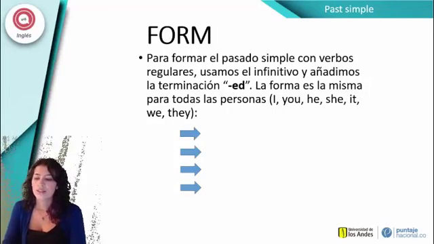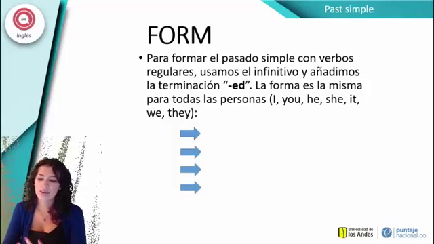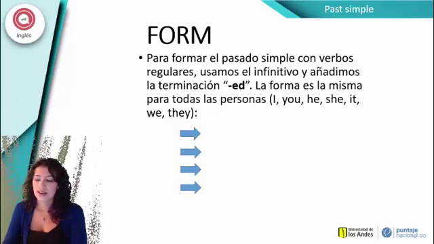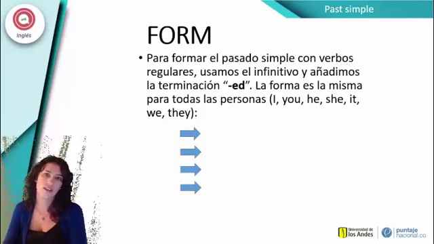Okay. So now we have the form, or the way the past simple is constructed. To form the past simple with regular verbs, you use the infinitive and we add the termination ed. The form is the same for every person. So you don't have to change the way the verb is constructed with any person of the subject, yeah? It's not different with the third person or with the plural.